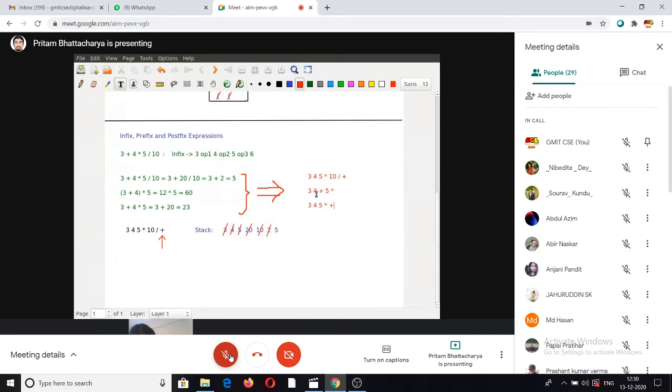Because here, after 3 and 4 you encounter the plus, right? So you basically apply it on 3 and 4. Let me quickly show you how the stack grows for both of these expressions. So first one, 3 4 plus 5 star.